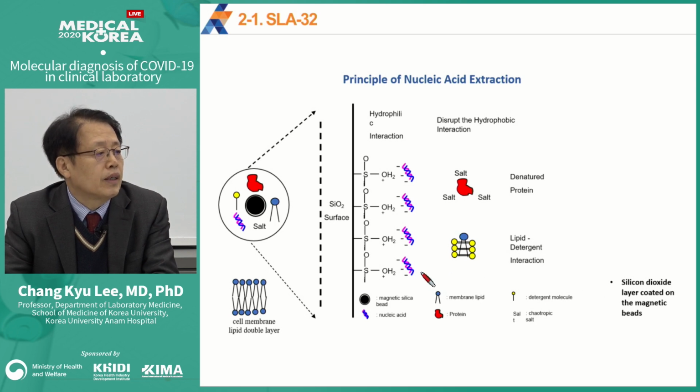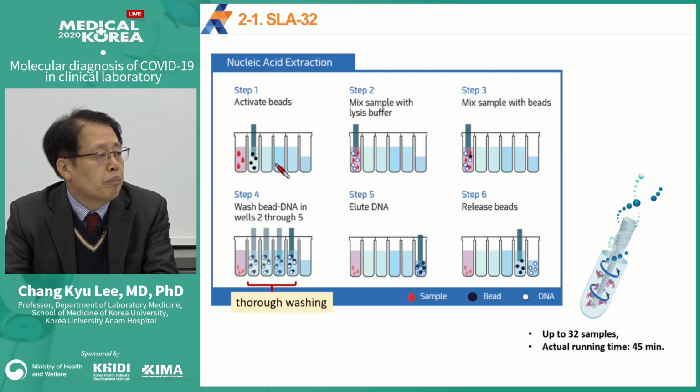Negatively charged nucleic acid bind to positively charged silicon dioxide. In the first well, sample and the lysis buffer are mixed together. After that, thorough washing is done in well 2 through 5. Finally, RNA is eluted. It can handle up to 32 samples. Actual running time is 45 minutes.